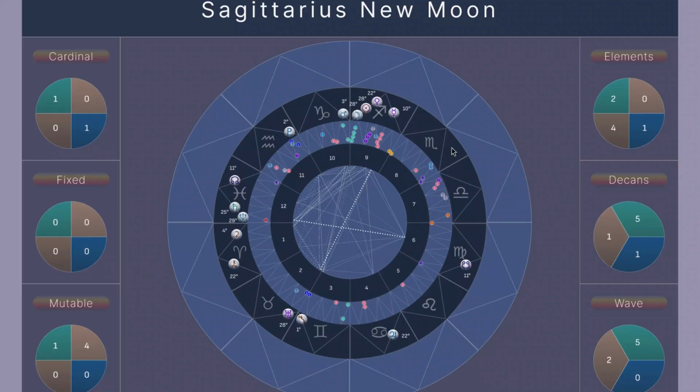You can see here one of the benefits of putting these aspects out by sign is you can really see the grouping very clearly. So there are quite a number of squares, and these are all last quarter squares. If they were first quarter squares, they'd be down here. There are a couple of those, but these are all last quarter squares. So the last quarter squares are about this idea of crisis and action, but they're not quite perfected.